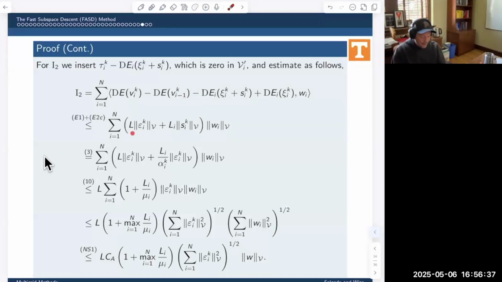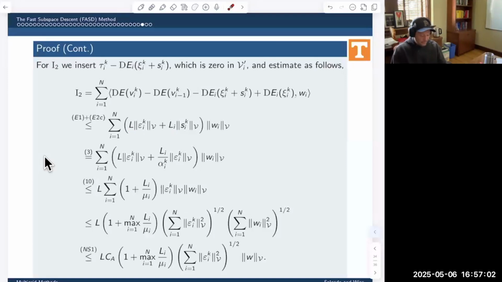So I have my local Lipschitz smoothness, and in that local Lipschitz smoothness, this pops out with its Hilbert space norm. Now, of course, there's a sum out front, so I have to sum all of these guys. This guy doesn't depend on I, but this one does.